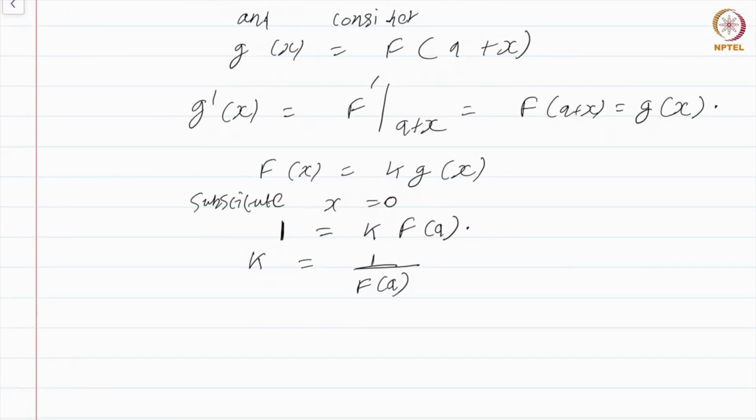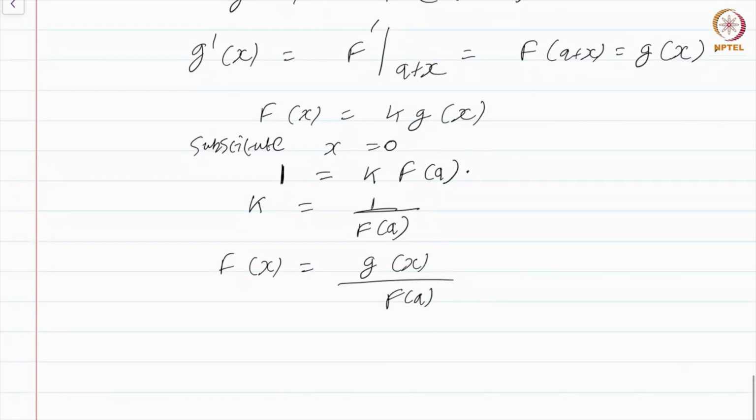That means what we get is f of x is equal to g of x by f of a, or in other words, g of x is f of x times f of a, which just goes to say that f of a plus x is f of x times f of a.